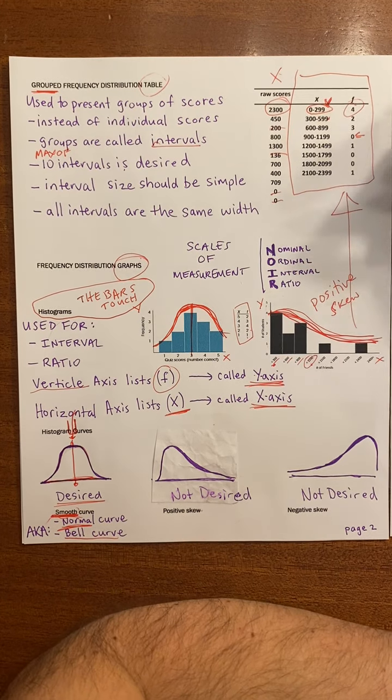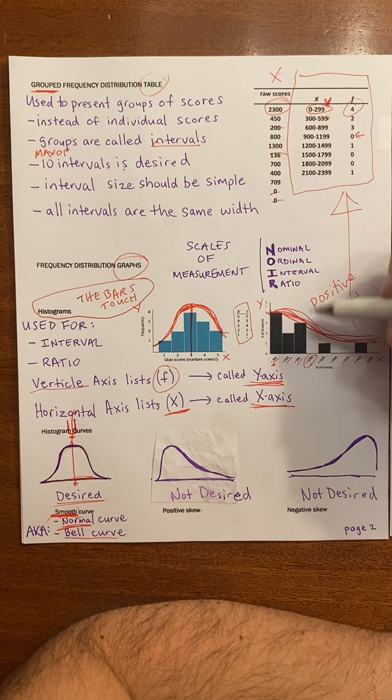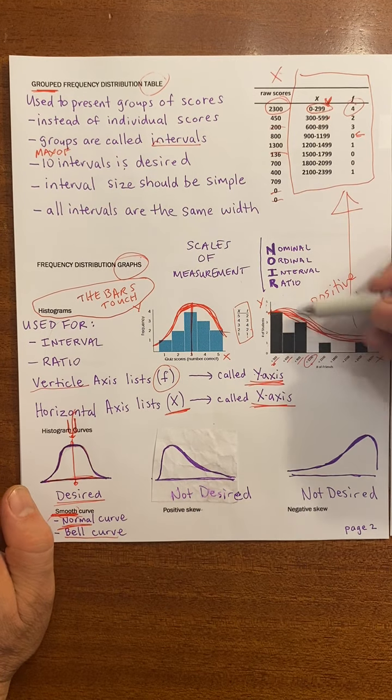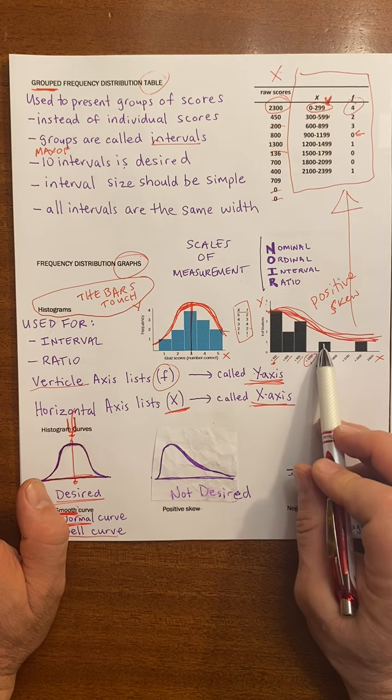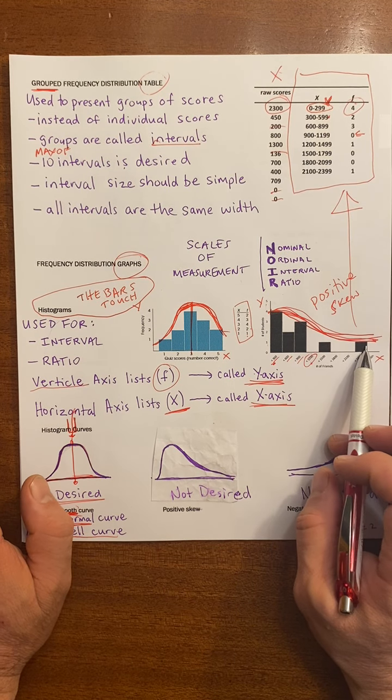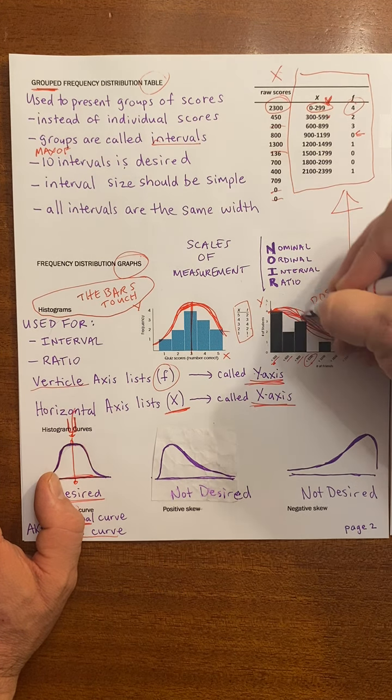And what this is suggesting is that most of the data is clustered in a specific part of the curve. It's mostly clustered over here. Sure, you got a few answers here and a few answers here, but most of it is over here. And so that's why you have this shape like this.